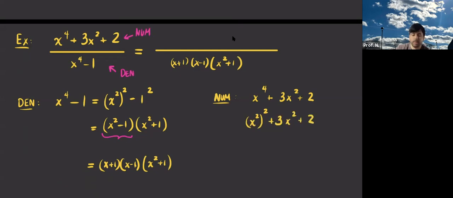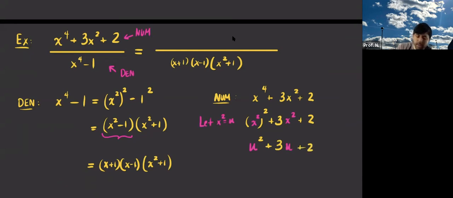What do you notice? If I write this using a different color, how can I rewrite this? This becomes really what? If I say let x squared equal to u, look what I get. I get u squared plus 3u plus 2.